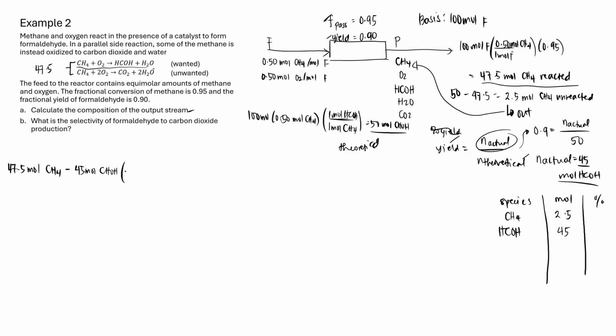And then, per 1 mole of formaldehyde, that's 1 mole of methane. So 47.5 minus 45, that's 2.5 moles methane for the second reaction.